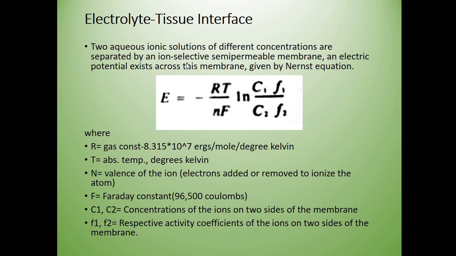separated by a selective semi-permeable membrane, and so an electric potential exists across this membrane, which is given by the Nernst equation.